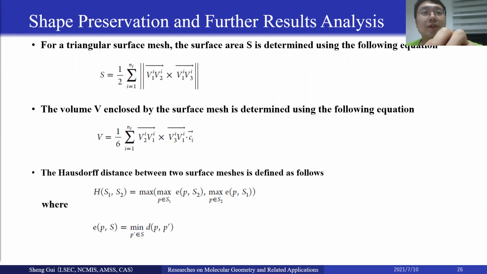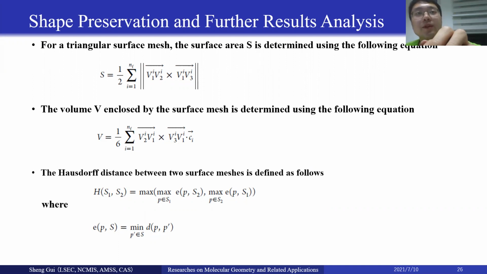The criteria can be calculated on the triangle mesh of the surface. The triangle meshes of the molecular surface before and after sparse representation are generated through the marching cube algorithm.